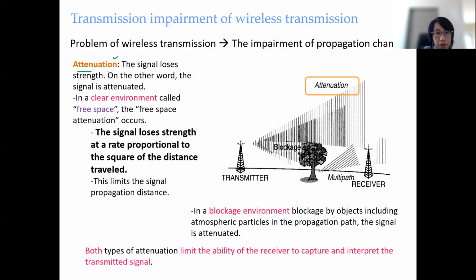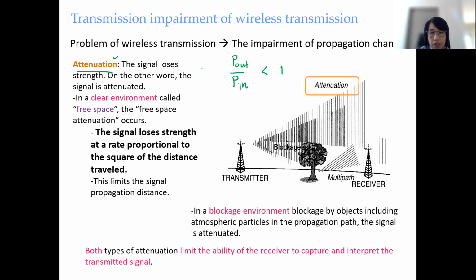For attenuation, what is it? You know the word attenuate already, right? Attenuate means that the power at the receiver will be smaller than the power at the transmitter. I explained this in the decibel content, right? To understand P out over P in, if P out is less than P in, this will be less than 1.